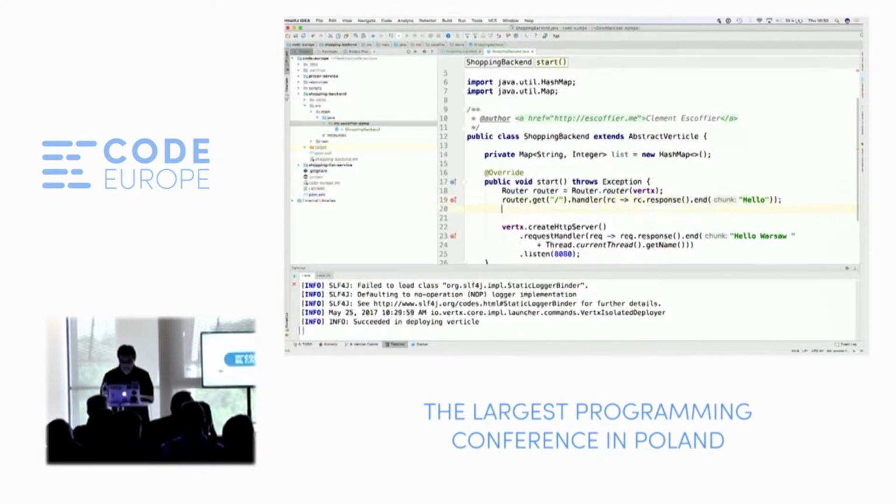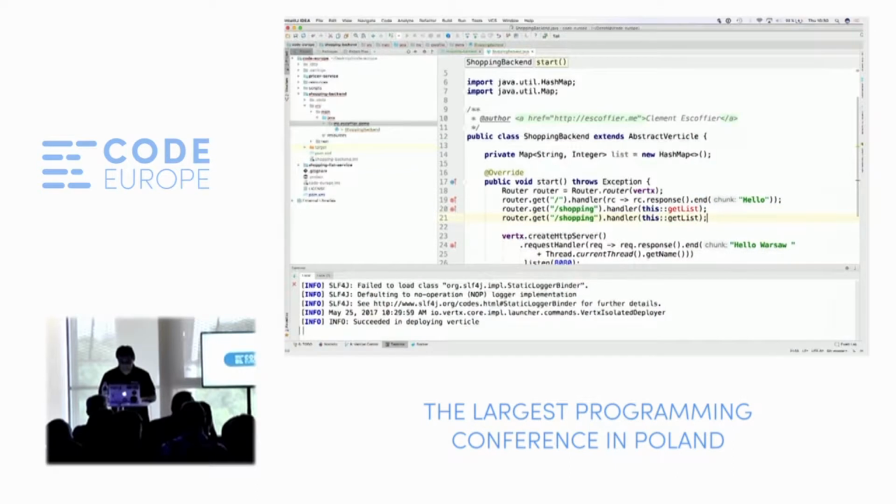If I call /shopping, okay, I want to get my shopping list. So I'm going to use a method reference that I'm going to implement after that. In case of a post, I want to do add to list. Post is going to have a payload.